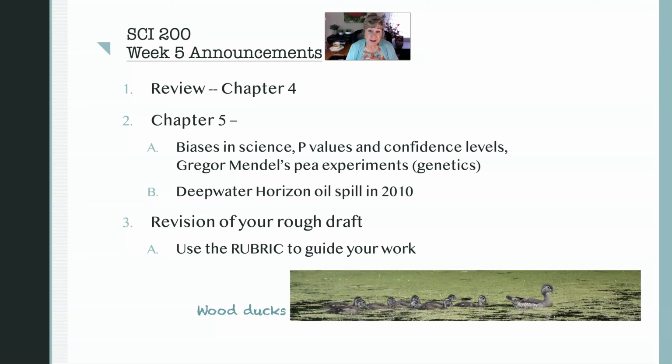So chapter 5, what we have going on this week in your SUMO textbook, is all about biases in science. So what are biases? It's a particular mindset that a person has and expectations that that person has about the work that's going on. So what type of biases are there?